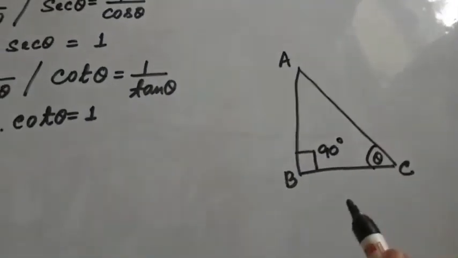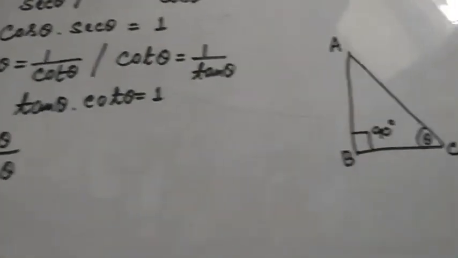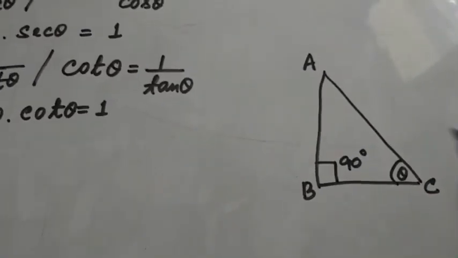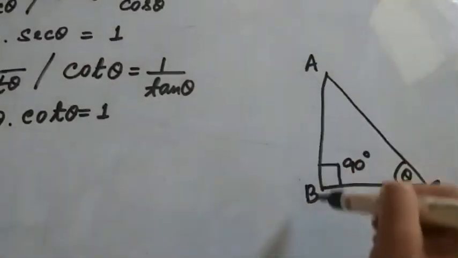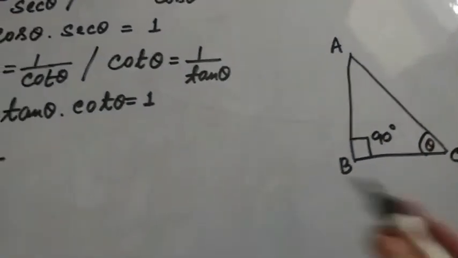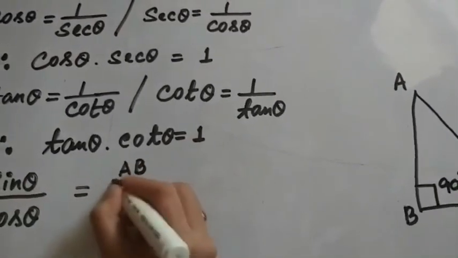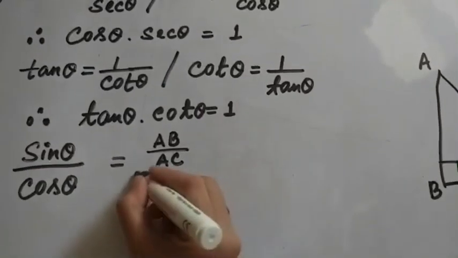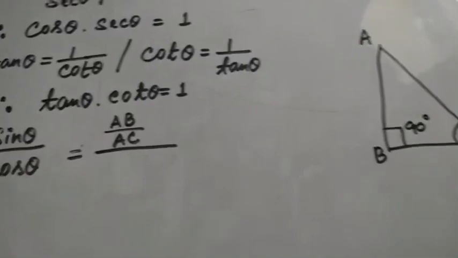Okay. So from this picture we can say sin theta. What is the formula of sin theta? We had already discussed. That will be AB by AC, that means perpendicular divided by hypotenuse. So I am writing AB divided by AC. Right? Divided by the ratio of cos theta.